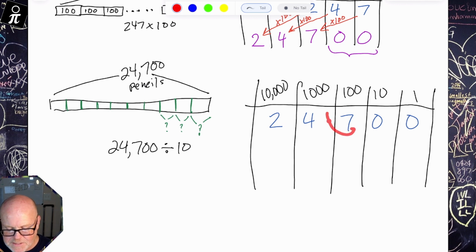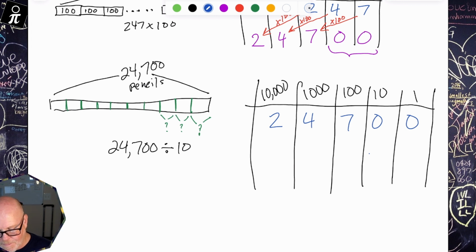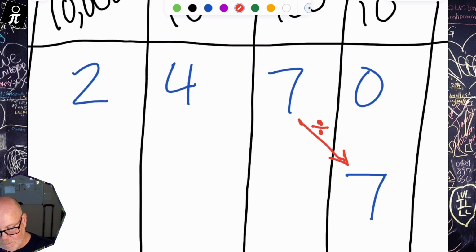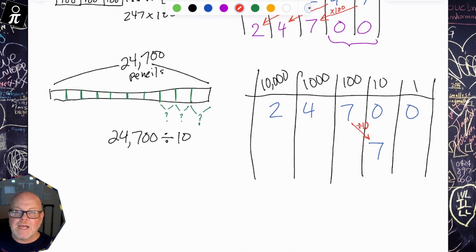All right, so let's use some logic here. If I take this 700 and divide by 10, 700 divided by 10 is going to give me 70. Which means when I divide by 10, that numerical value moves to the right 1 column because it's getting smaller.